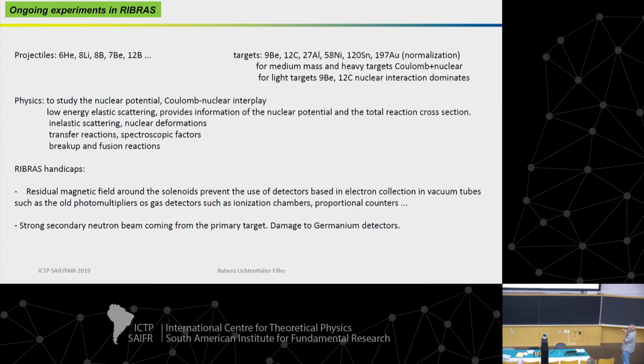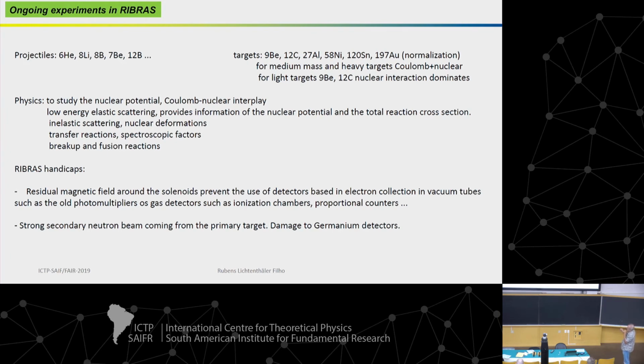So this elastic scattering provides information on the nuclear potential and also the total reaction cross-section. So all the flux that comes out from the elastic scattering goes to some reaction channel. So by measuring the elastic scattering angular distribution, you are able to obtain the total reaction cross-section.